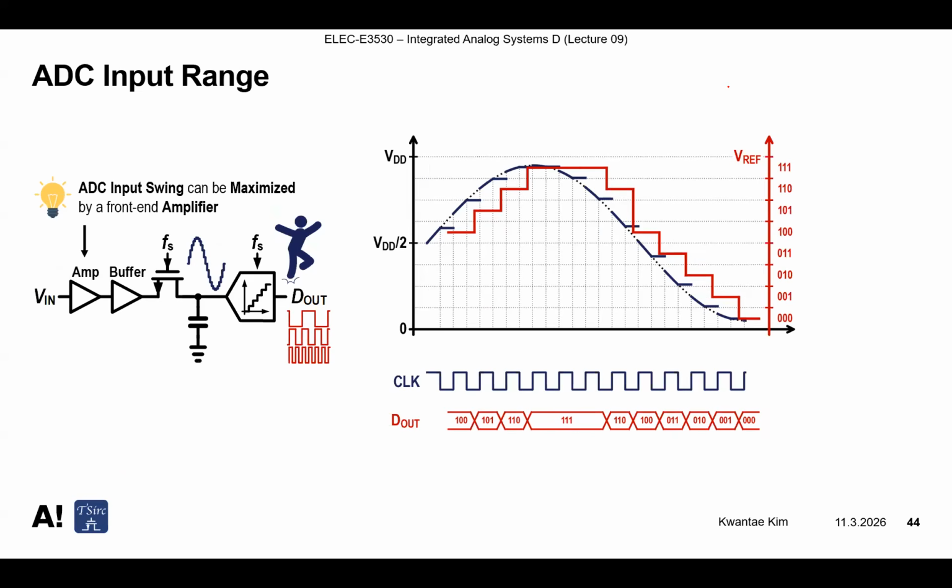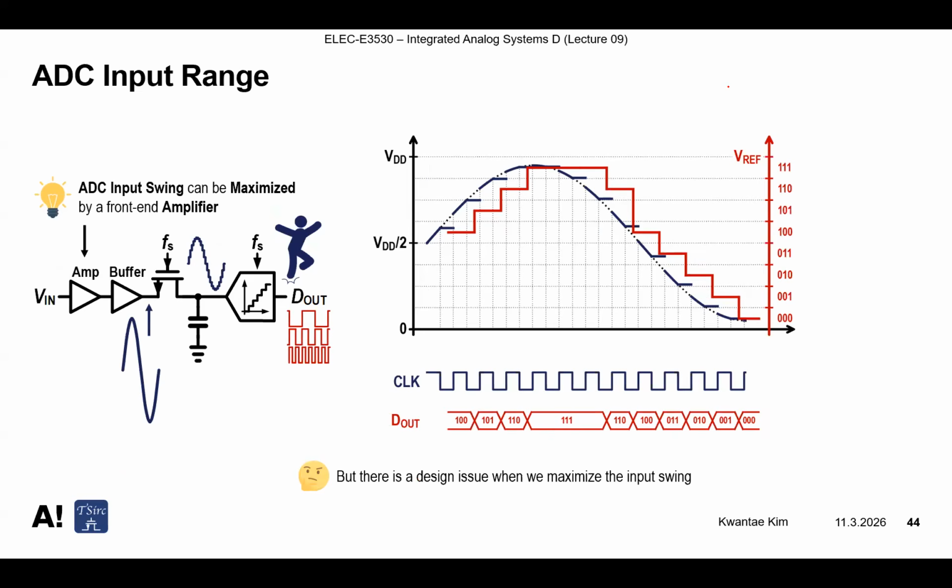Yeah, the input swing can be maximized by the front-end amplifier. And the situation will be like this. I mean, it is not aligned well, but you can think of this very large swing as the same as the amplitude of the sampled analog signal.